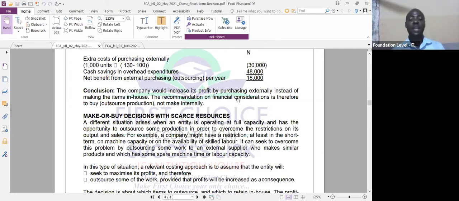Now we are looking at this from a financial point of view. Towards the end of this class, we are going to see the non-financial indicators that can also tell you, wait a minute, you say we are going to buy it externally, right?